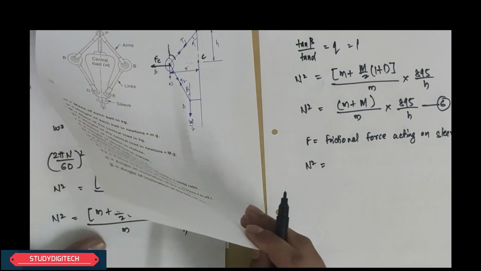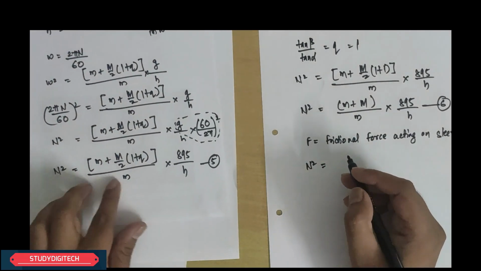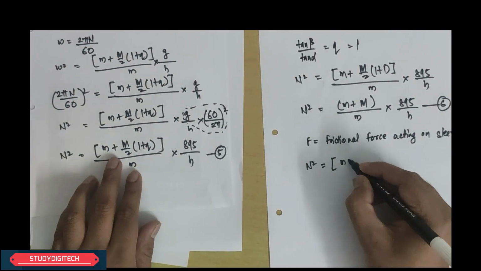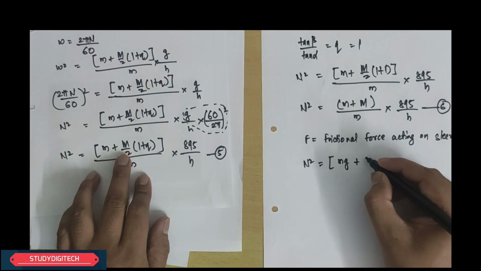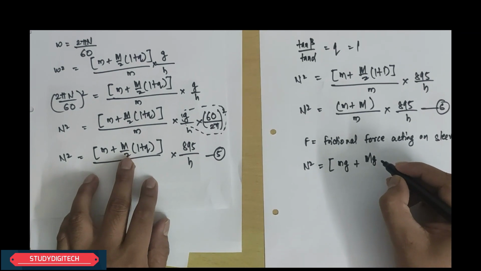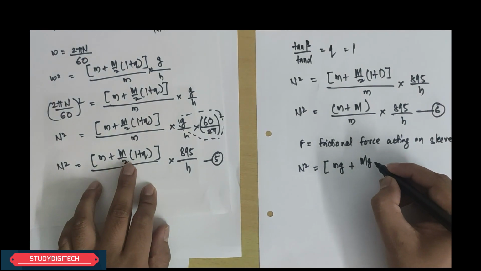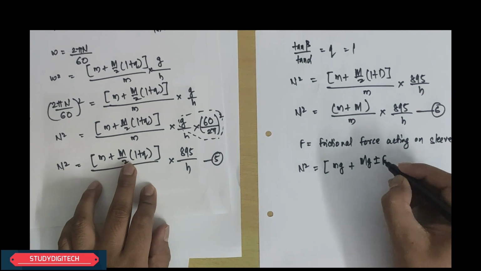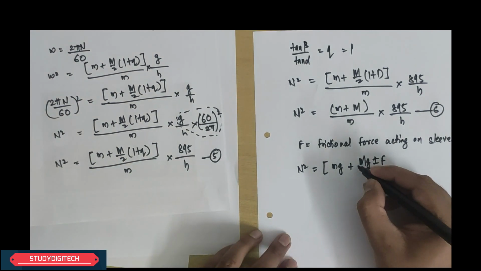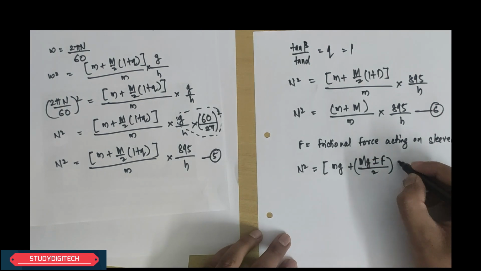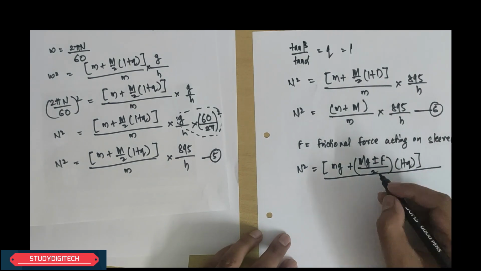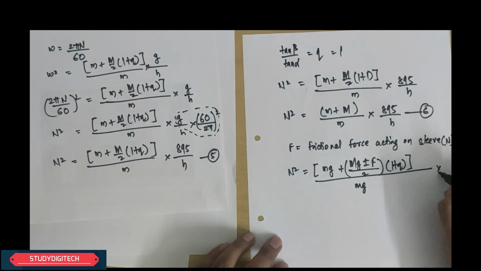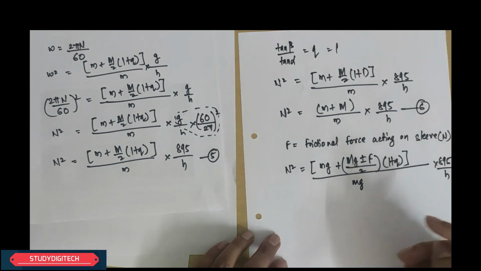Now the equation of speed n square will be written as n square is equal to (mg plus Mg plus or minus F) divided by 2 into bracket (1 plus q) mg into 895 divided by h.